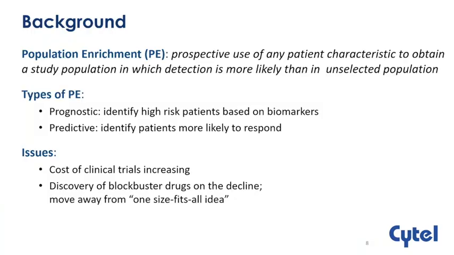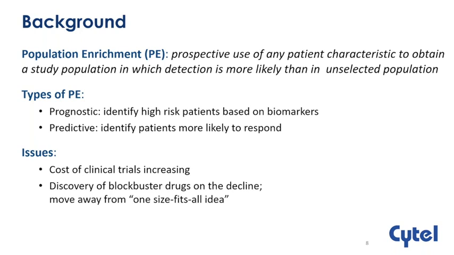So here we are in the area of population enrichment, where we want to prospectively use any patient characteristic to obtain a study population in which it's going to be easier to detect an effect than in the entire population. So basically, our patient population can be partitioned into two subpopulations, and the types of partitioning can be done either in terms of prognostic biomarkers.